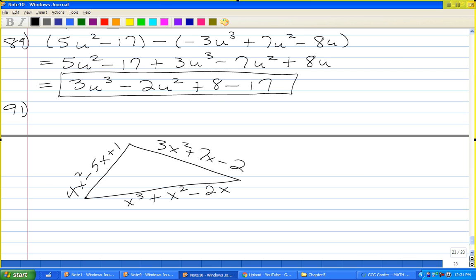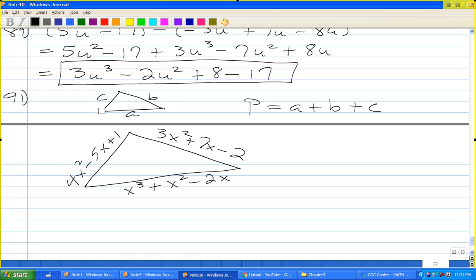So recall that the perimeter of a triangle, call this A, B, and C, then the perimeter is just the sum of each of the lengths of the triangle. It's the distance around. So once you start, it's the total distance that you travel along the edge of this triangle.